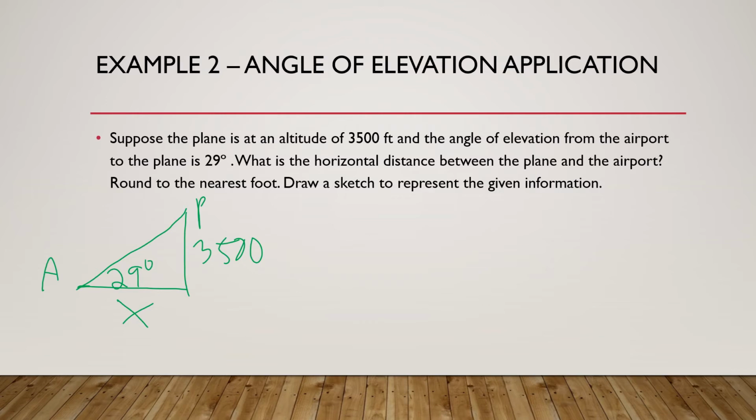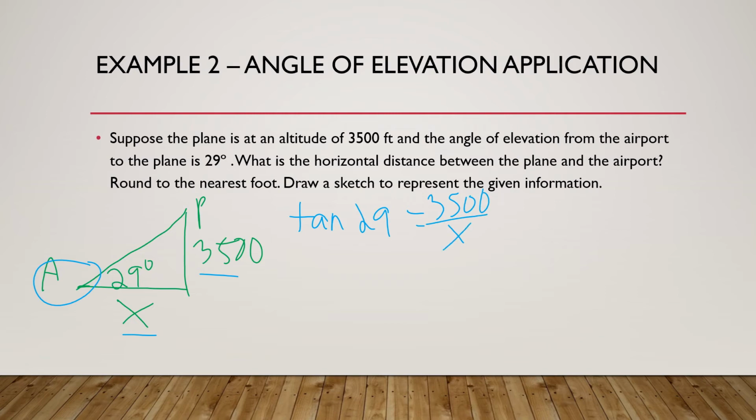So we can use our trig functions in order to solve it. Since we have the two legs, I'm going to choose to use tangent. So I say the tangent of 29 is equal to opposite over adjacent, which is 3,500 over x.